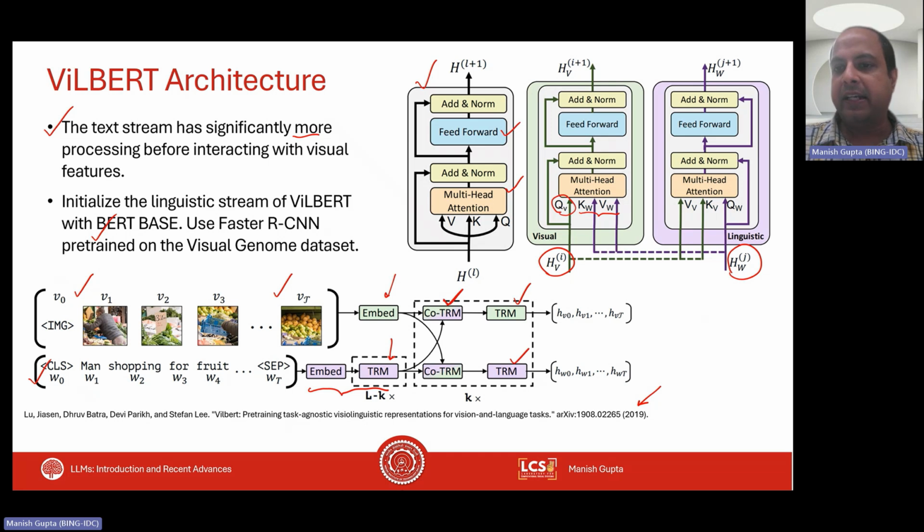And in the other case, in the linguistic stream, again, you use the query from the linguistic stream, but you use the keys and the values from the visual stream, so as to do this cross-pollination of information in the attention layer. And then, of course, you do this typical standard feed forward with all those residual connections, add and normalization, and so on. Okay. So that's how Wilbert works.